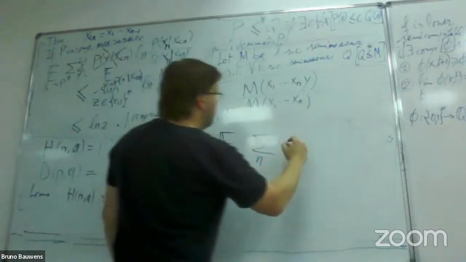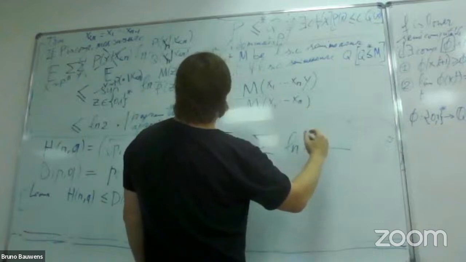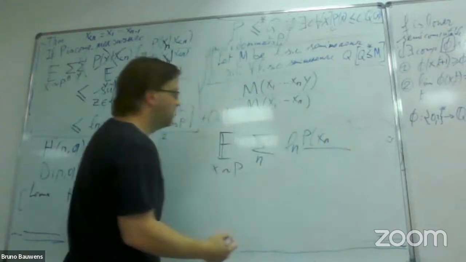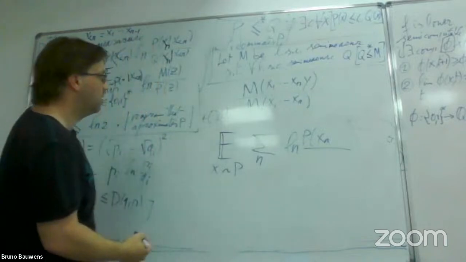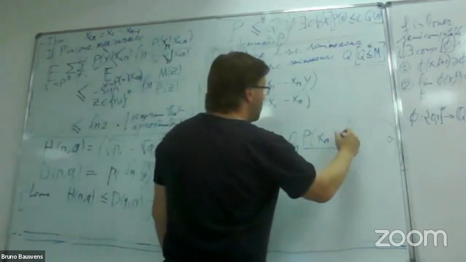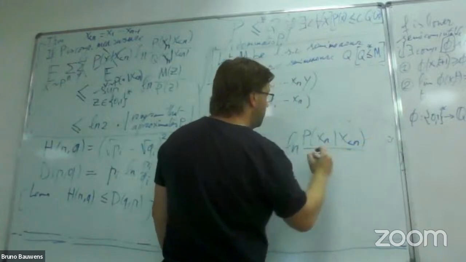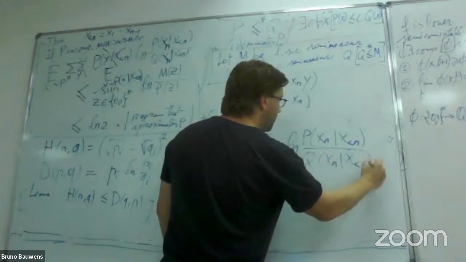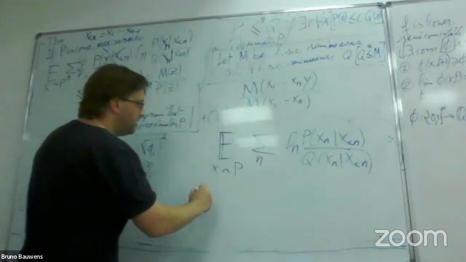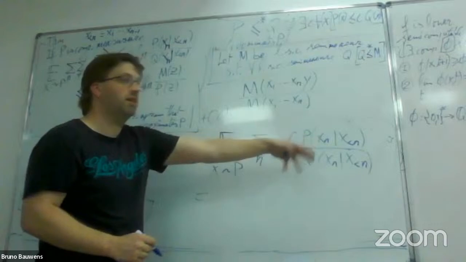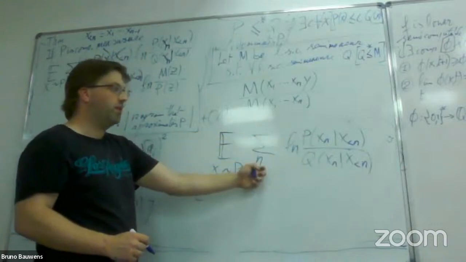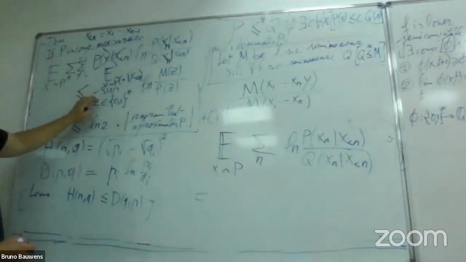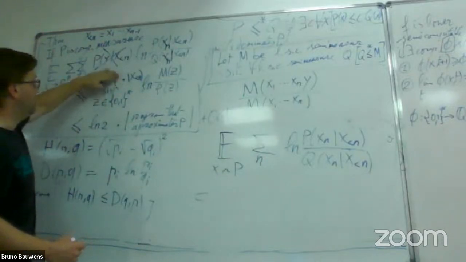Sum over n, ln of P(xn given x smaller than n) divided by Q(xn given x smaller than n). And now it's easy because the logarithm we write as a sum.